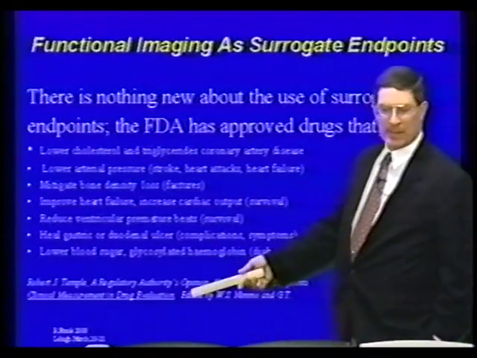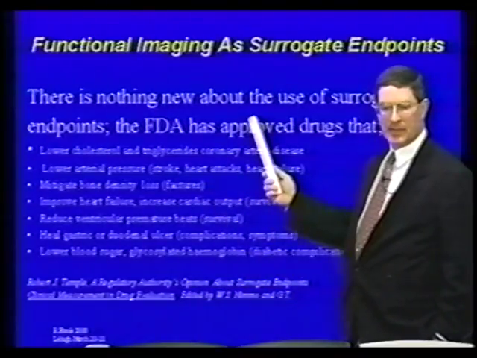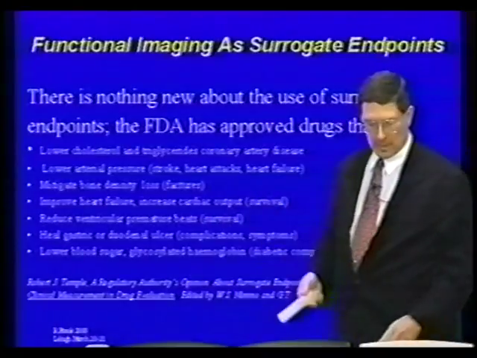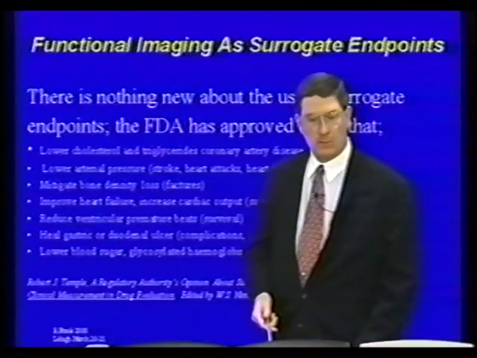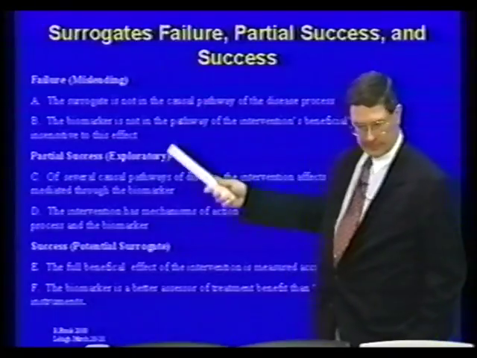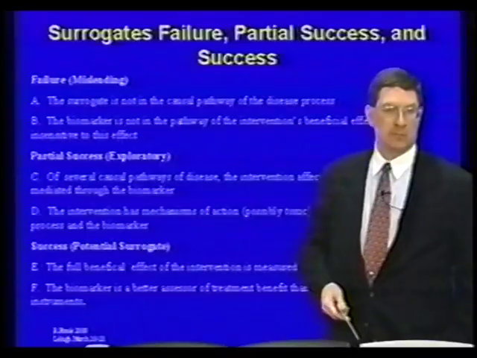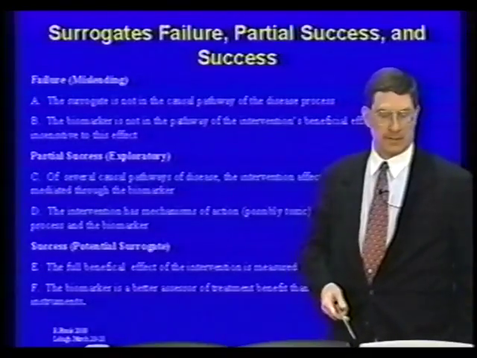Bob Temple published back in 1995 an article about endpoints, and I'll just emphasize that he said there's nothing new about the use of surrogate endpoints. In fact, there are quite a few examples. On the other hand, also in his article, and I've expanded on some of the terminology that he used, we can go sadly wrong if we don't have full validation.